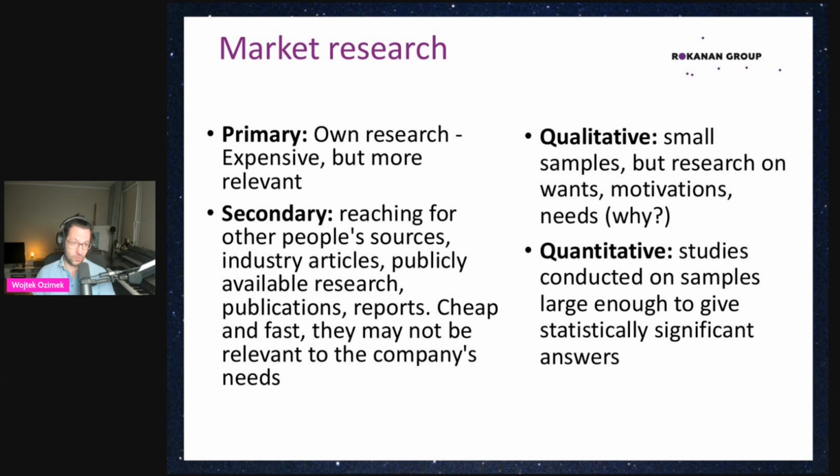Secondary research means using somebody else's sources: available research publications, reports, statistical data from census, there is plenty of it available. Generally people say it's cheaper, but commercially created research can be pretty expensive too. Primary is more relevant because you can design the research for a specific purpose.